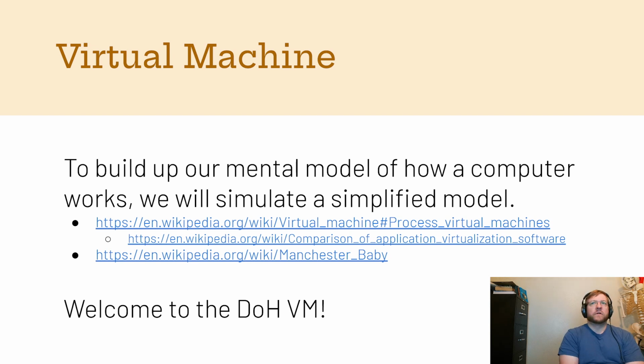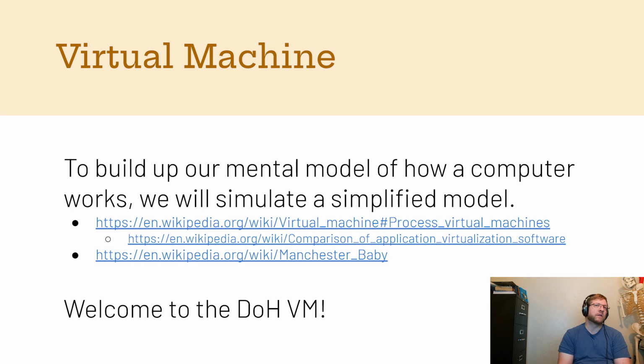So we're going to build a process or application virtualization machine. Virtual machine, unfortunately, is a very semantically overloaded term now, with different types of virtualization being talked about. In this case, what we're talking about is we're going to pretend to be a CPU and memory in a program that will consume simulated, fake instructions, and it'll behave as though it were a computer itself.